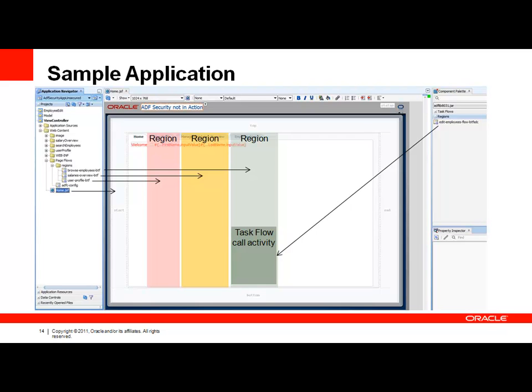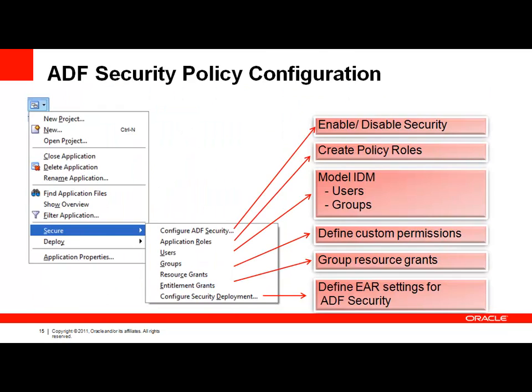So the sources of this task flow are not part of the actual application design. Instead, there's a library configured on the application that allows you to reach out to that task flow at runtime. Still, this task flow needs to be protected in the same context of the whole application.